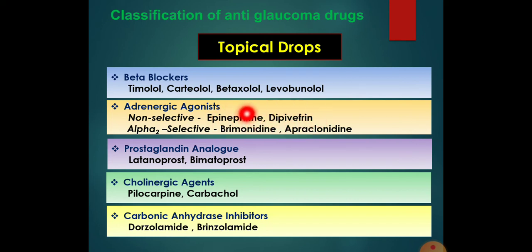They are reducing aqueous formation, they are increasing trabecular outflow, and therefore this action is mediated, the beta 2 receptor mediated action, and an increase in hydraulic conductivity of trabecular filtering cells.